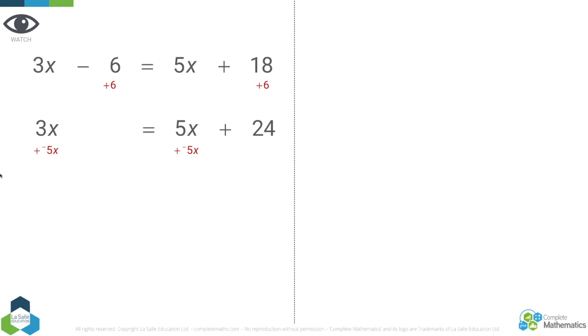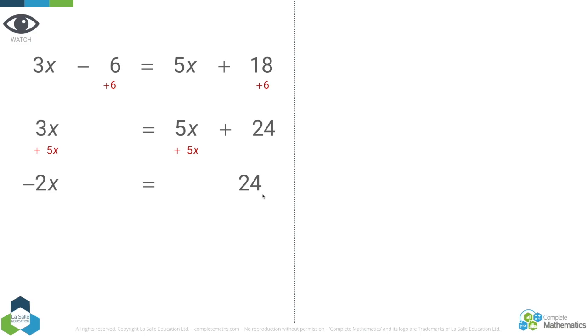And now we have 3 plus negative 5, which we should know from our work on directed number is negative 2x, and we have 5 plus negative 5, which is 0, which would be like 5 green tiles and 5 red tiles making 0 pairs, and 24 is unchanged.